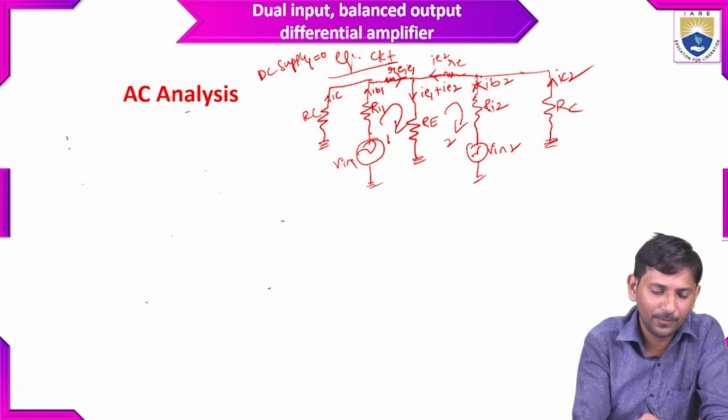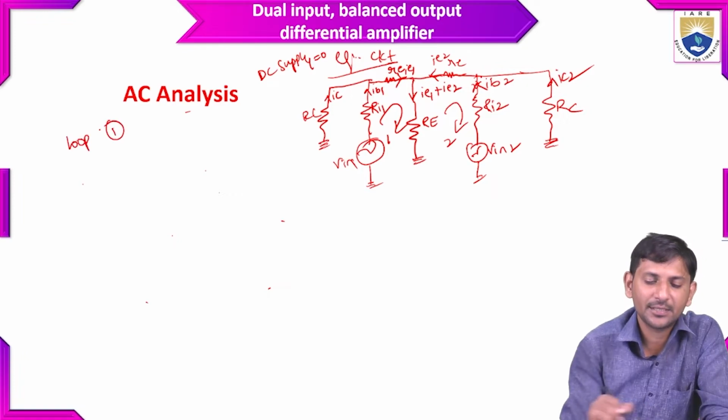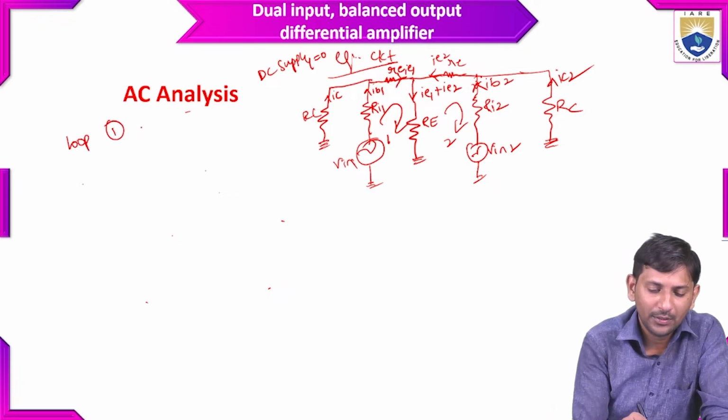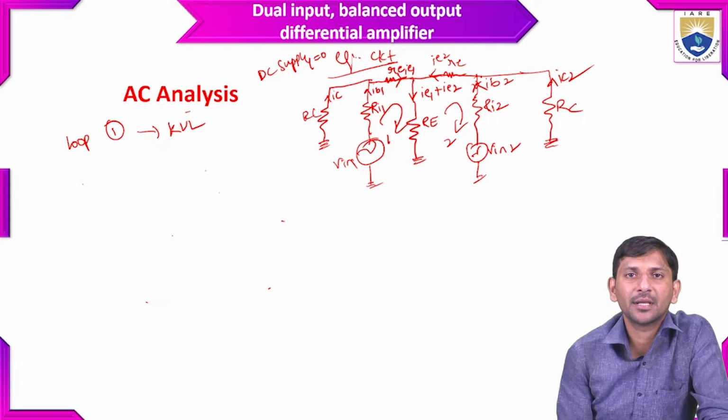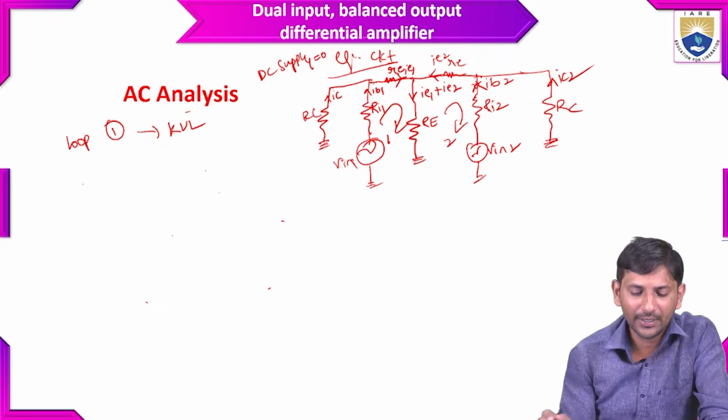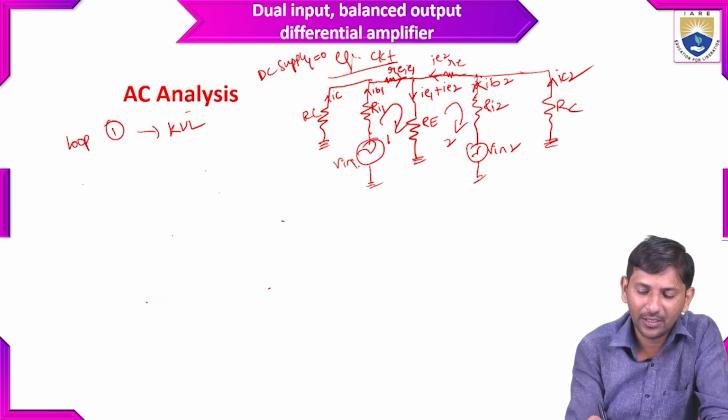Let us consider loop 1. Apply KVL to loop 1. So how will you write? KVL is nothing but Kirchhoff's voltage law: the sum of entering voltages is equal to the sum of leaving voltages. So I am going to write the V in 1 voltage.